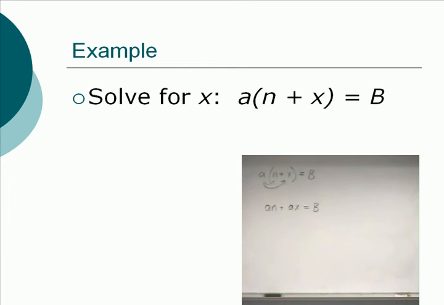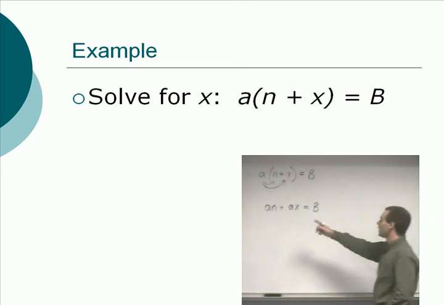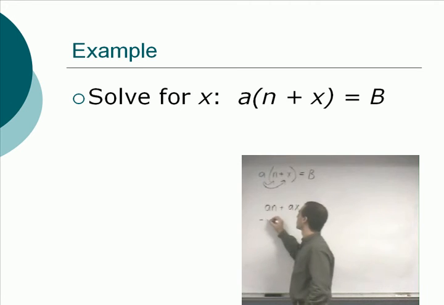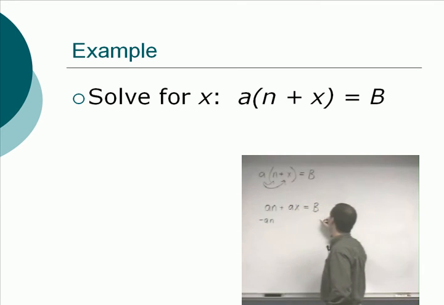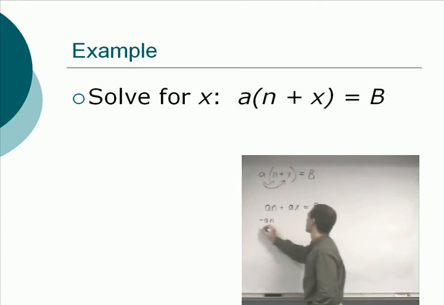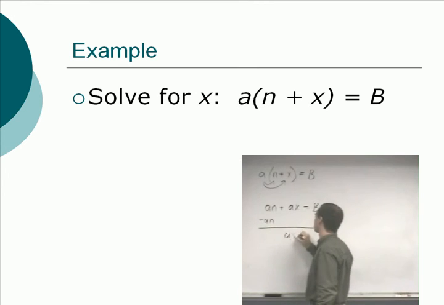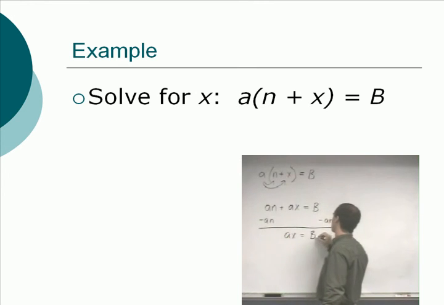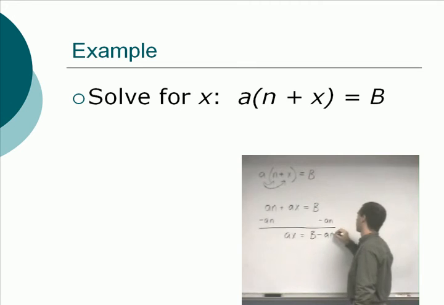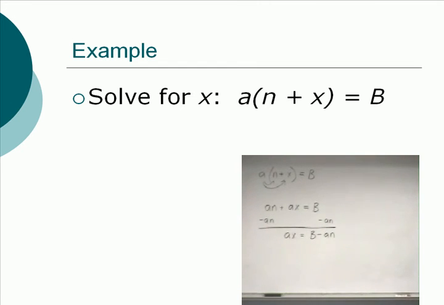Now we want to solve for x, so we need to get rid of which term? An has to go. Ax equals b minus an. Yeah, and we're set.